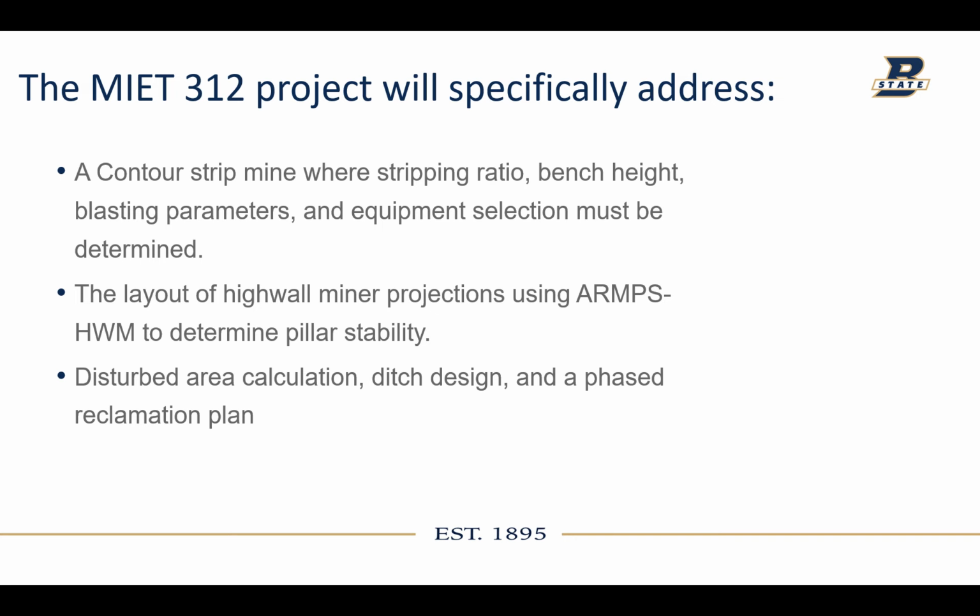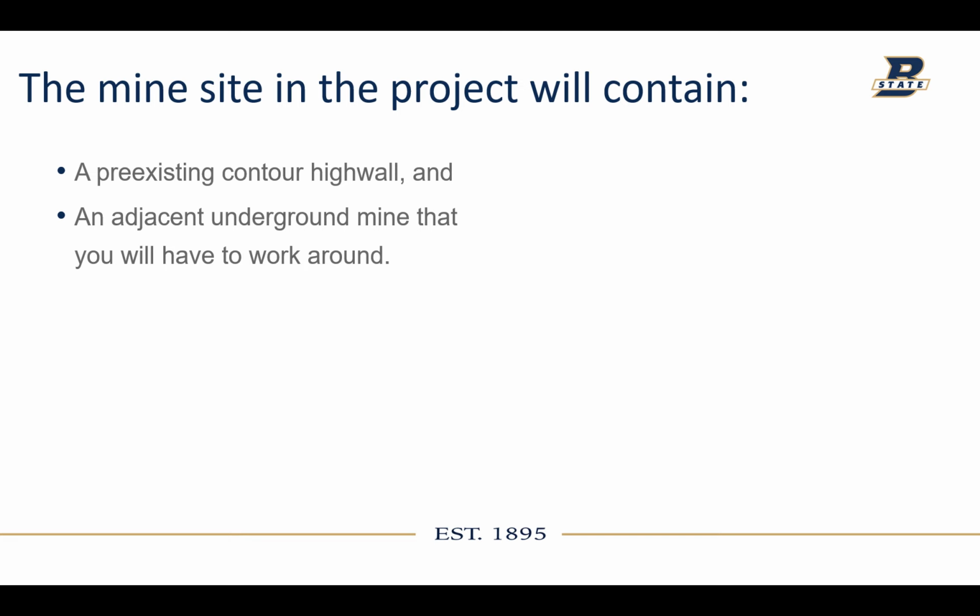So with that, the site in the project will contain, so what I have done here is I'm adding in things that I've seen throughout my career and that I think would be important for considerations in this project. That way, we can cover several of the things you might see out there. In this case, there's actually going to be a pre-existing contour highwall.